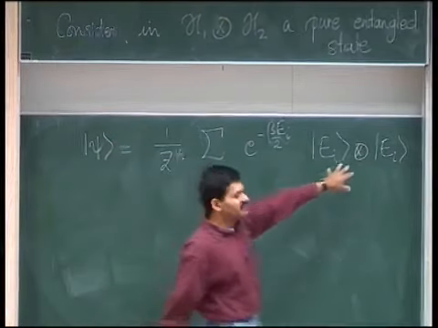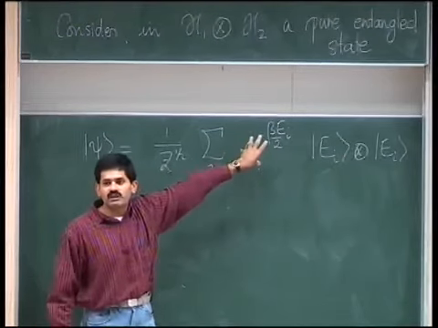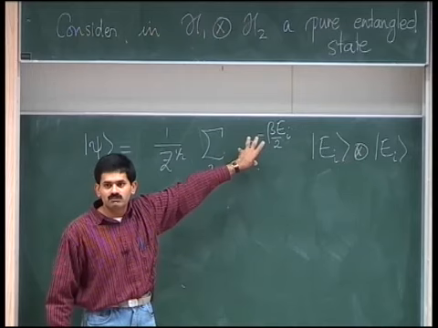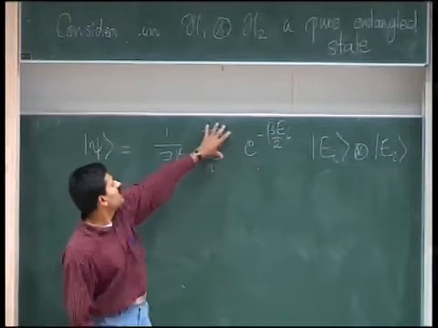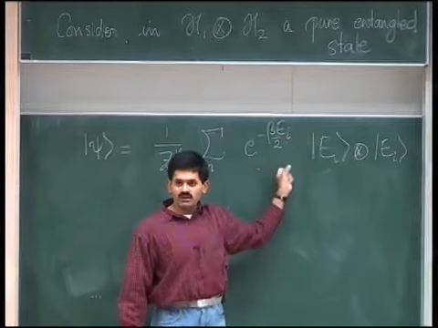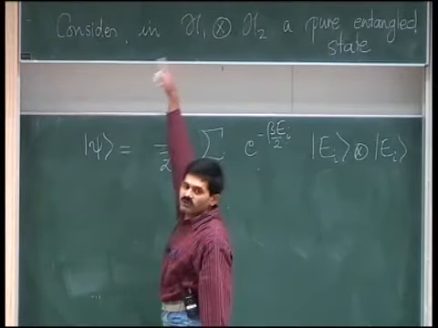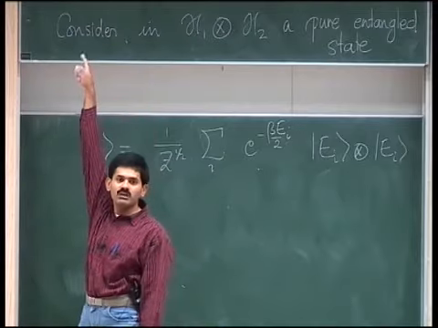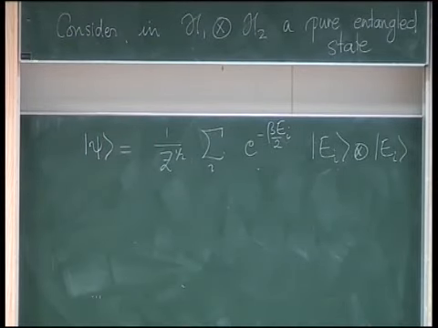I'm taking a state in the tensor product and I'm entangling them with a particular weight factor. The weight factor has been chosen such that if I took this state and traced over one Hilbert space, H2, I recover precisely the density matrix I wrote up there in the Hilbert space H1.